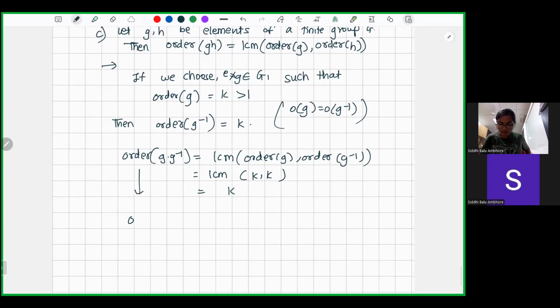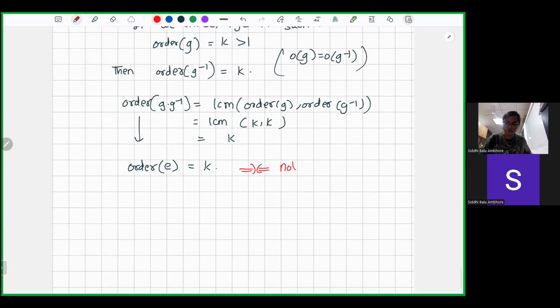This is order of identity, that is, K. So this is a contradiction, not possible. It does not make sense from the notion we have for order of identity, the overall definition of order does not suit here.